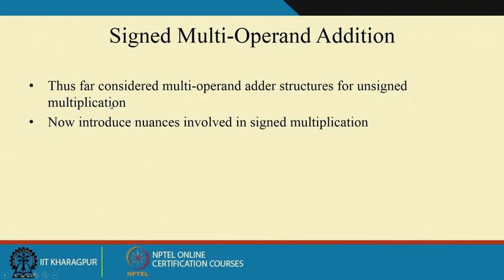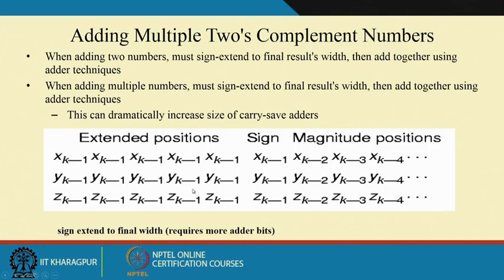Thus far we have considered only the data structures used for unsigned multiplication. Now we will review what changes whenever we do signed multiplication. In unsigned multiplication, we do not have to bother about the sign.